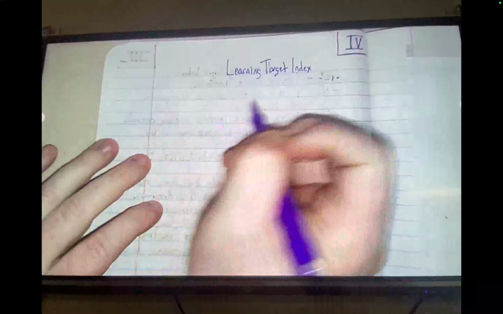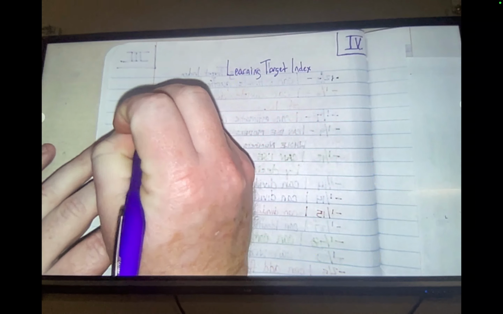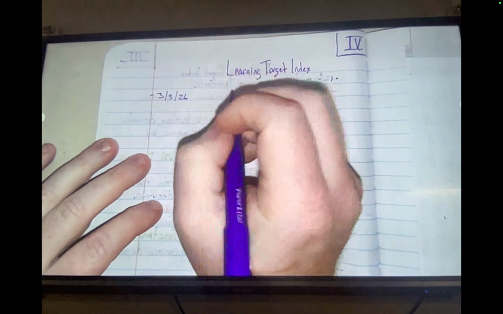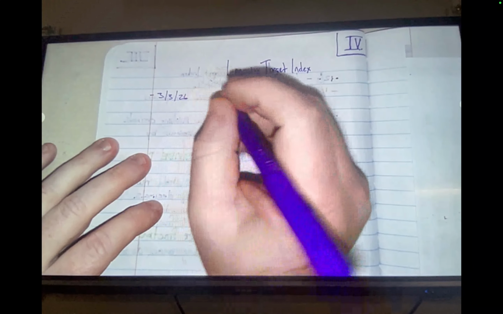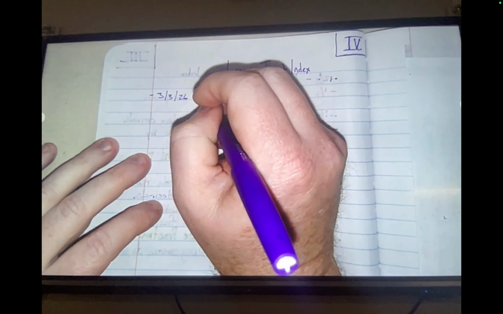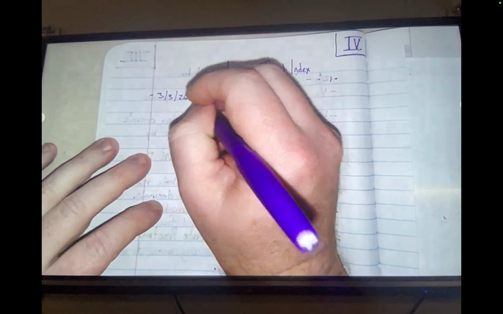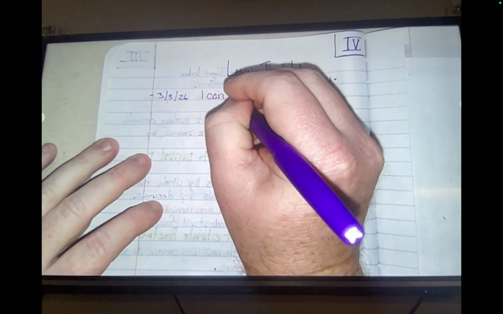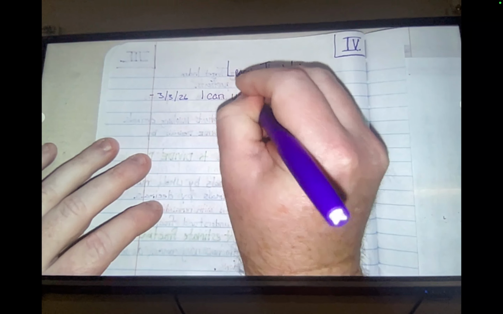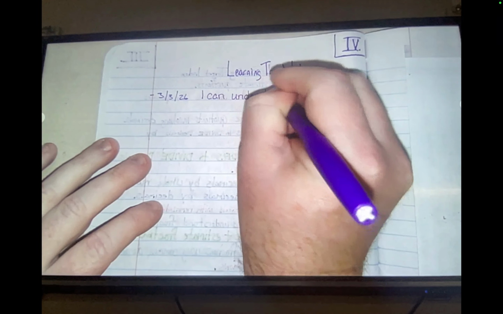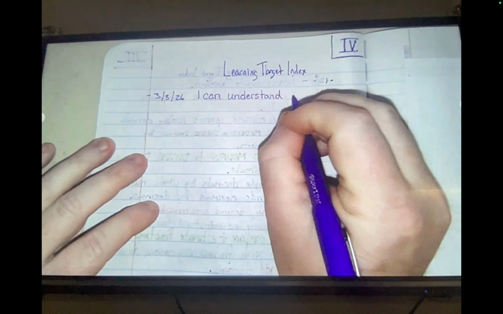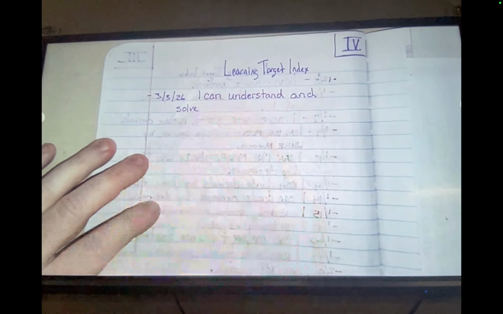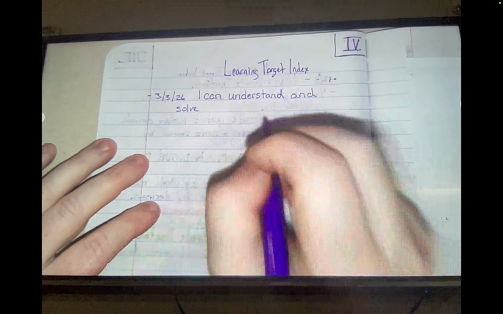Go ahead and write down the date, which is 3/3/26, and I want you to write the following. I can understand and solve for volume.